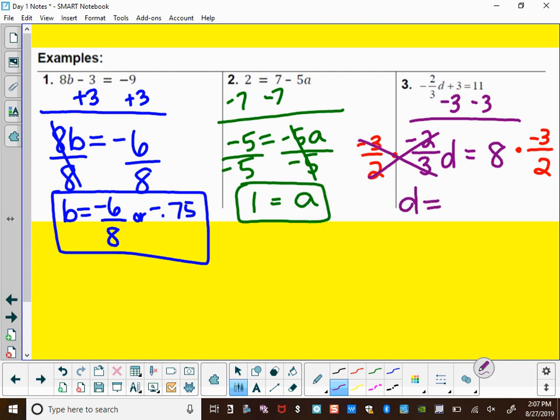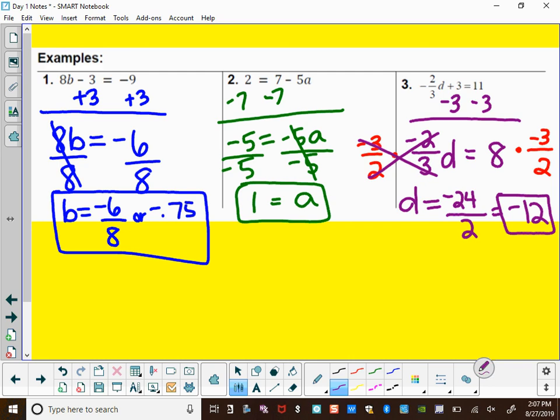So I'm left with d equals 8 times negative 3, which is negative 24, divided by 2, which equals negative 12. You guys get negative 12? You can also just put that right into your calculator. 8 times parentheses negative 3/2.